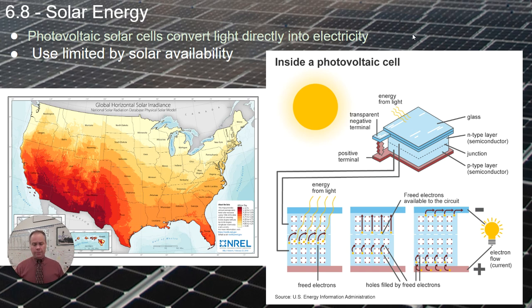This map of the United States on the left shows solar irradiance, and so the redder the area, the more incoming solar radiation, and therefore the more useful photovoltaics can be. The less intense the sunlight is, the less electricity that's going to be generated by a PV cell. And so obviously you see in the sunnier regions of the United States, in the desert areas of the Southwest, this is where photovoltaics can be the most useful.